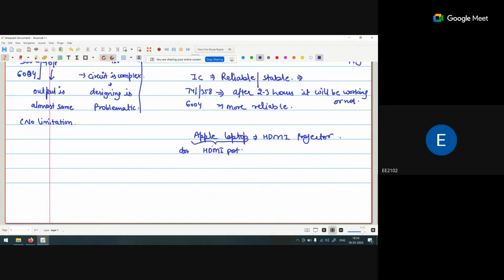This Apple laptop only has a C type port. Now you have an HDMI projector where the cable port is HDMI, and your Apple laptop where we can only connect the C type. So in between them we require an interface, C type to HDMI, and after that you just connect your projector.